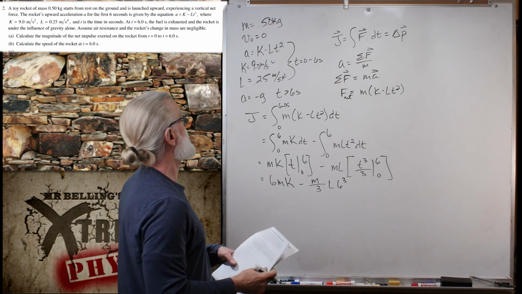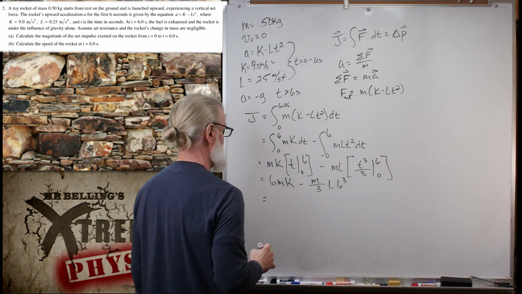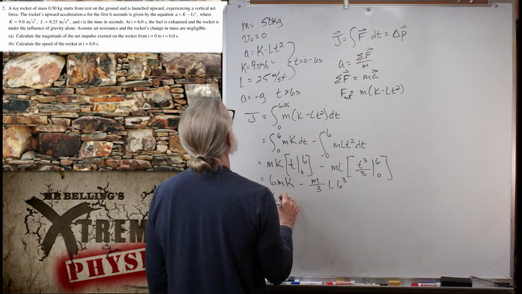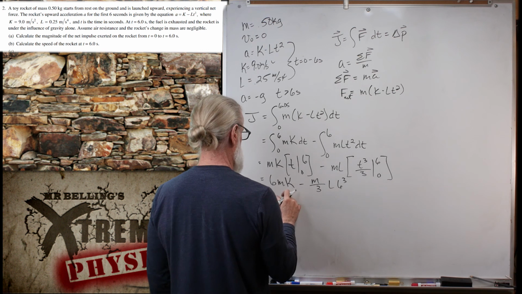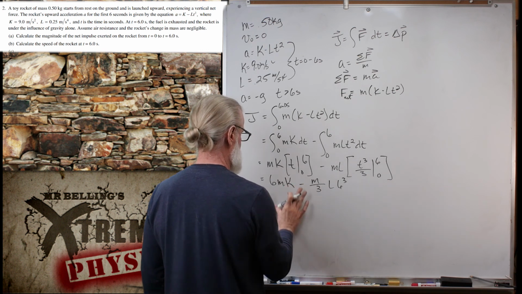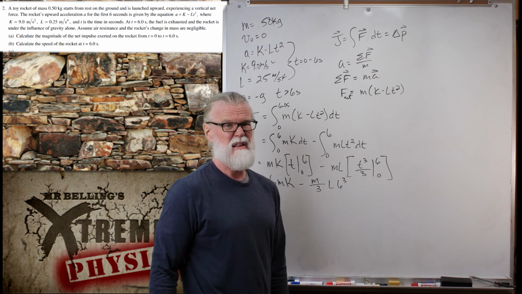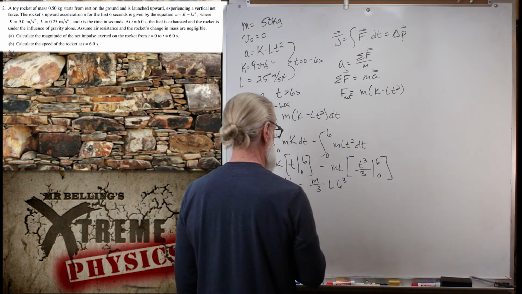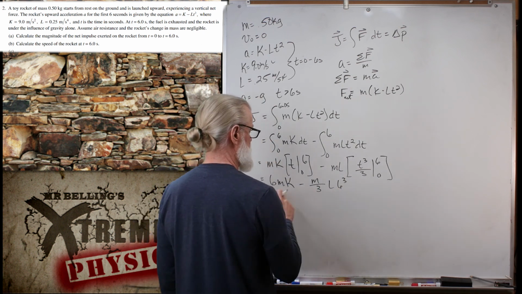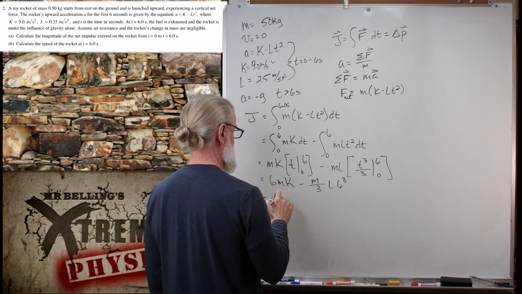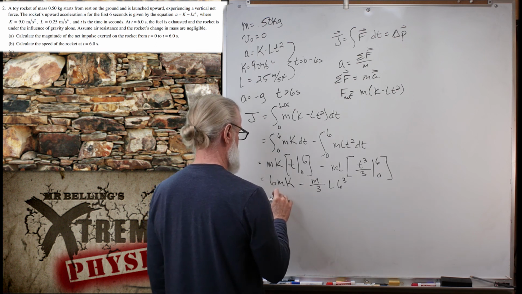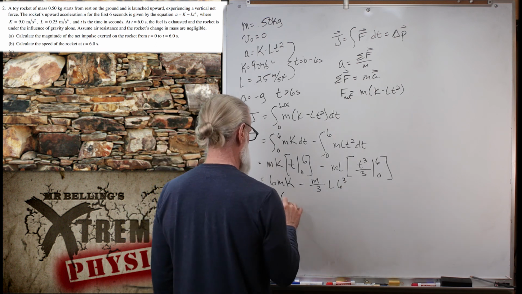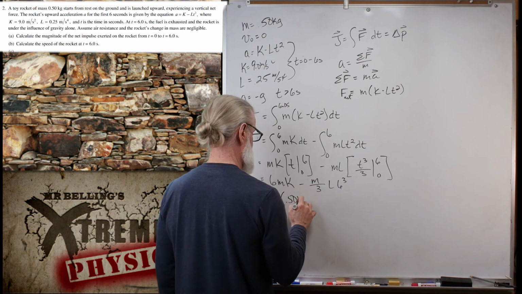All right, we have numbers for those. I'm going to take the mass out because I don't like numbers, and the only thing I like less than numbers is repeating calculations on numbers. I've got a 6 I could take out, too. So I'll bring out a 6 and an m, and m is 0.05 kilograms.